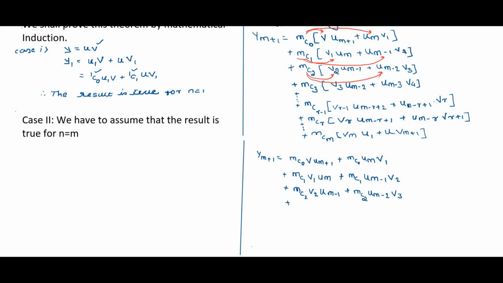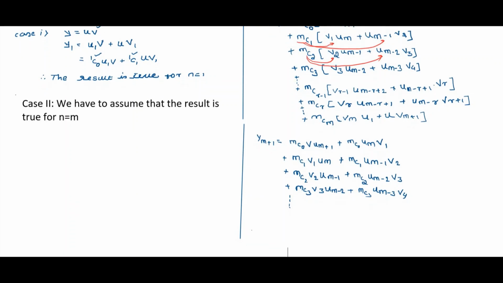Plus, mC3, the next term I will write directly: mC3 v3 u_(m-2), plus mC3 u_(m-3) v4, plus and so on, continuing in the same way.